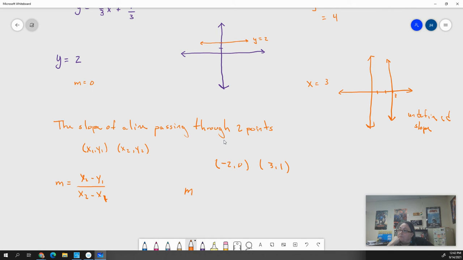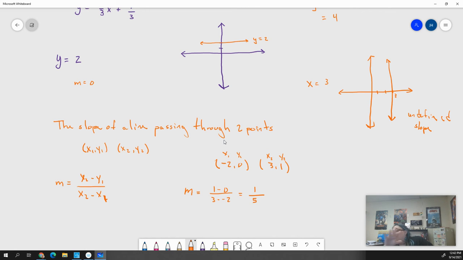I'm going to go m equals, and let's just make this x1, y1, and this x2, y2. I'm going to have 1 minus 0 over 3 minus negative 2. Right? 1 minus 0 is just 1. 3 minus negative 2 is like saying 3 plus 2. It's 1/5.